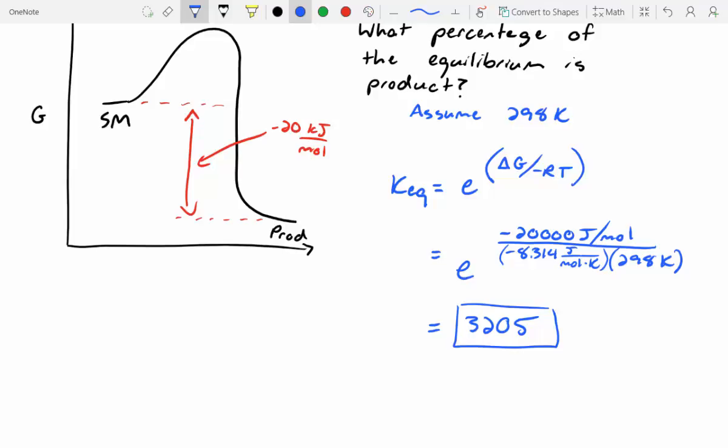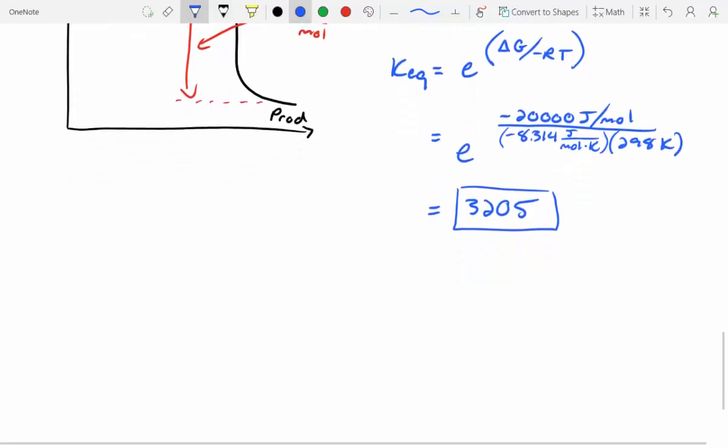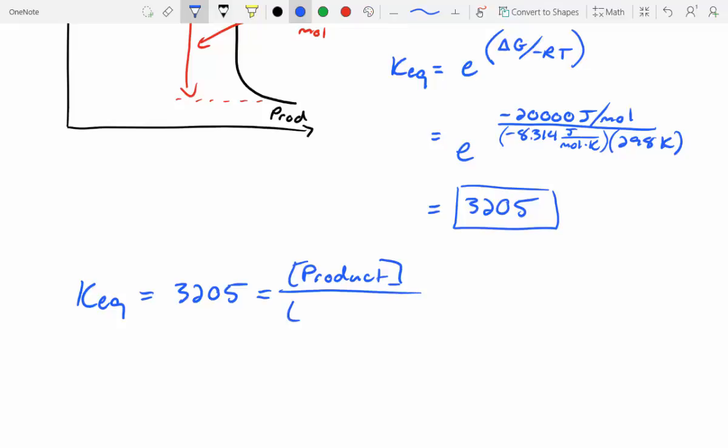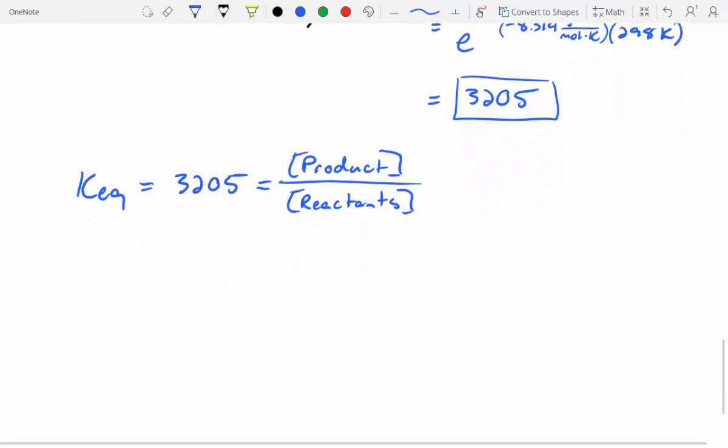So let's do a little bit more of this problem here. So we know that KEQ equals 3,205. And we know that KEQ is going to be equal to our products over our reactants. Okay? So let's think about it this way.